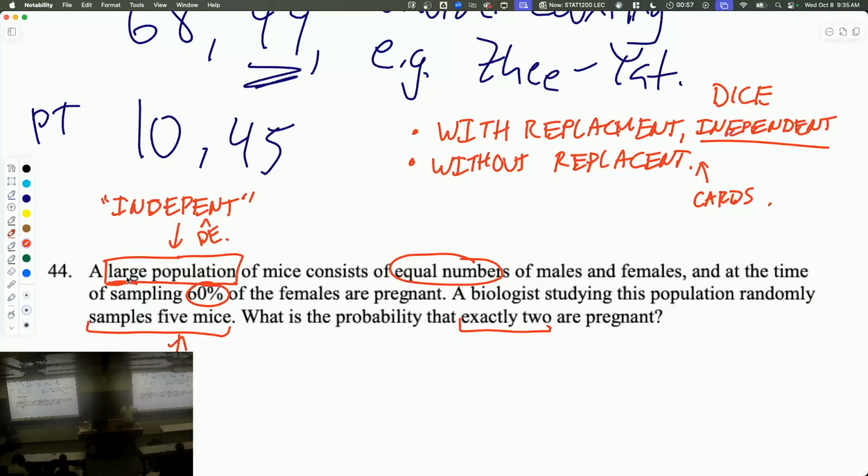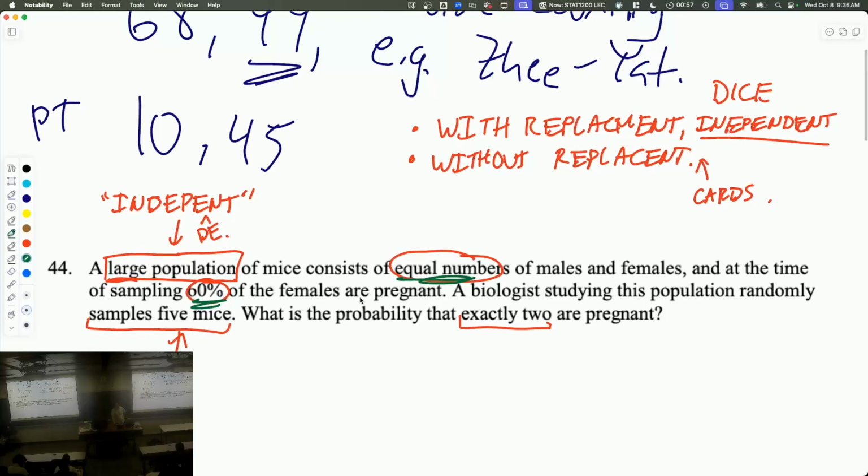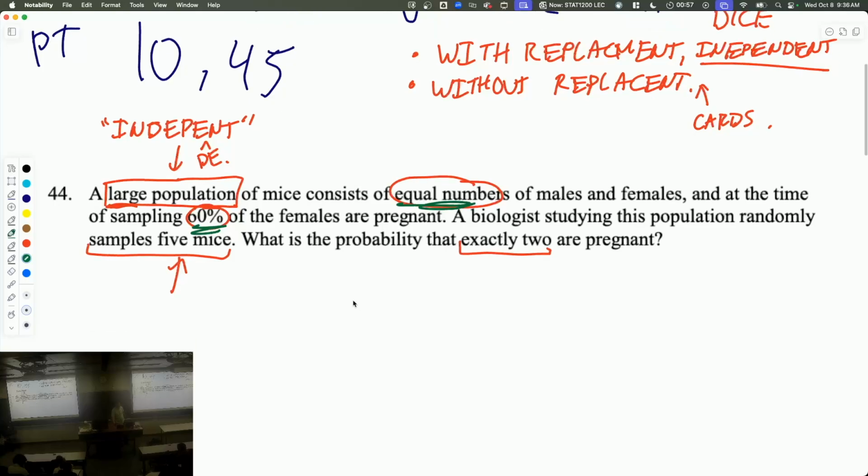The next part is putting together the equal numbers and the 60%. To me, this one is a probability tree. They're telling me two things happen. First, there's male or female, and then we're taking 60% of the females. Anytime you have a proportion of some subpopulation, or if-thens, to me this is a probability tree.